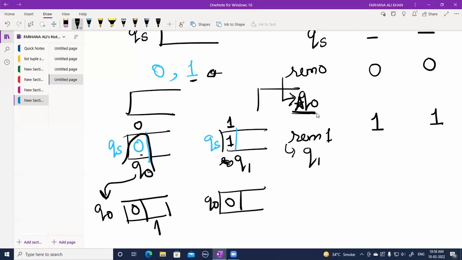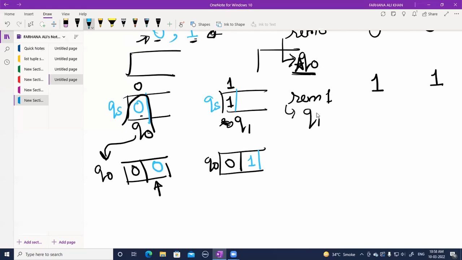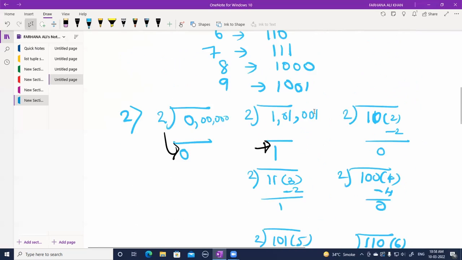As we are having two bits, the next bit can be 0, and the next bit can be 1. When the next bit is added to the current bit 0, what kind of string is generated? The string generated is 00. What was the case with 00?